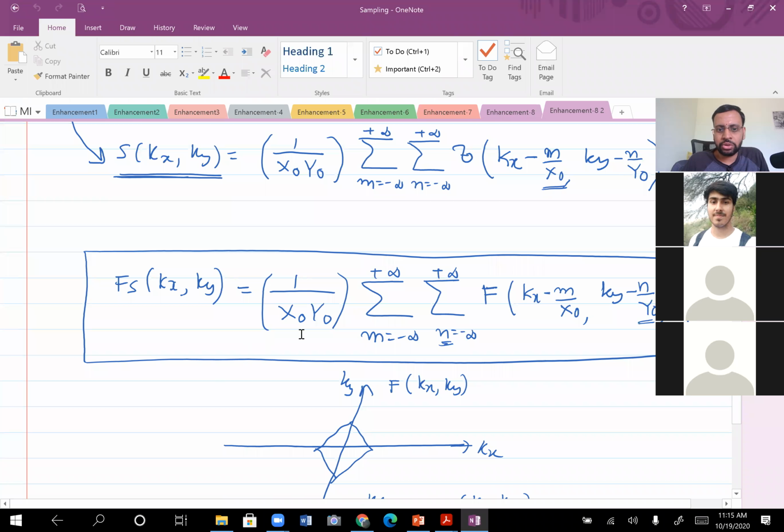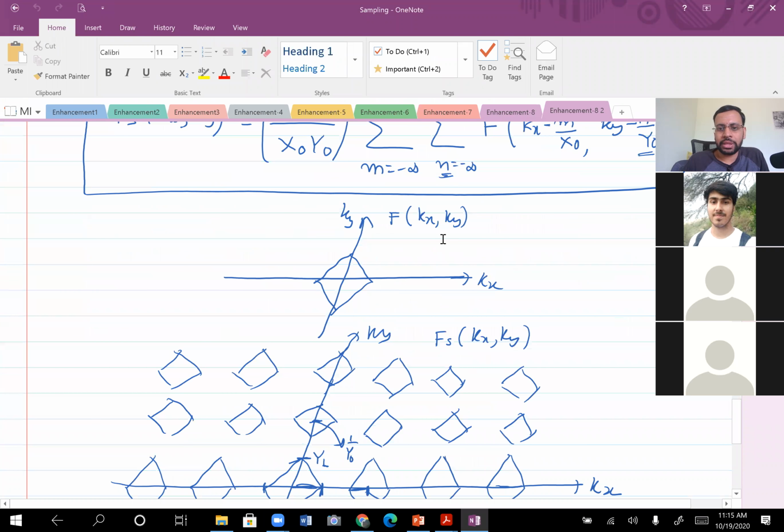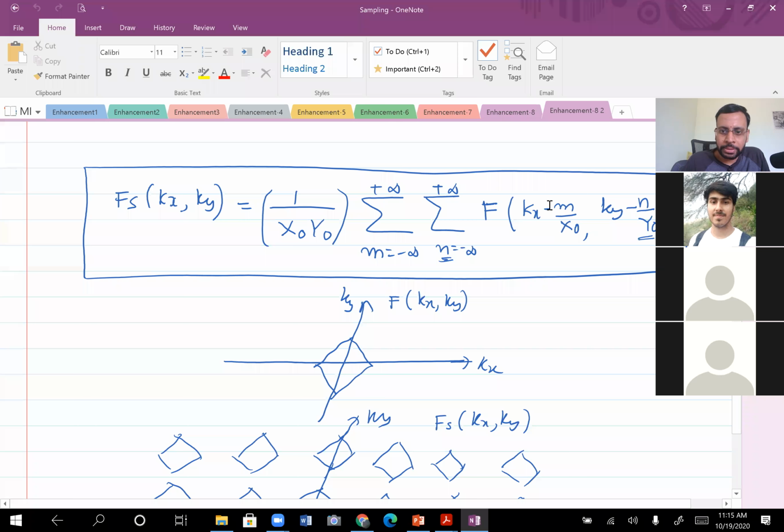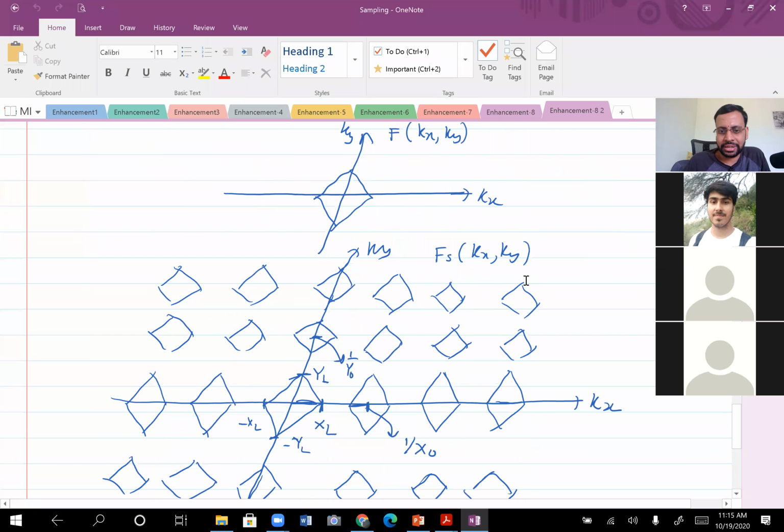So you would be getting the copies of it shifted, again the sifting property, not shifting, it is shifting, right? Everybody knows sifting, it's like picking up what you exactly want anyway. So f of kx minus m by x naught gets shifted, and this shifting by integer multiples of x naught and y naught varies.